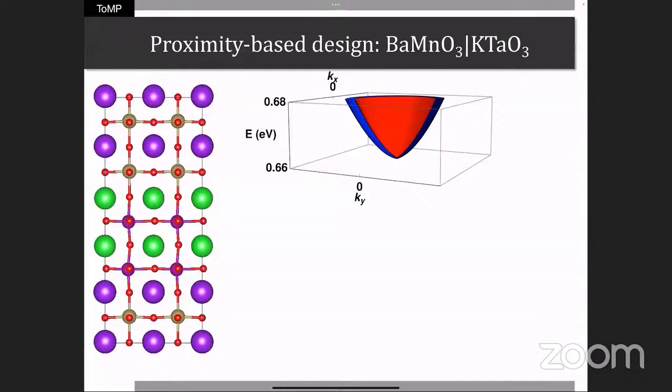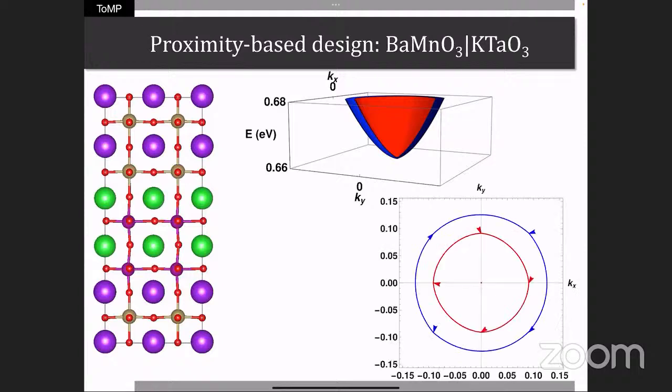The tantalum bands, of course, retain Rashba effect. That's something trivial. That's not something we are mentioning here. But the manganese bands are near the Fermi energy. Tantalum bands are far away from the Fermi energy. And the manganese bands show Rashba interaction, also antiferromagnetism.